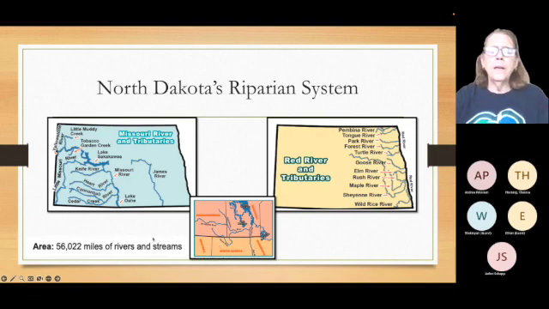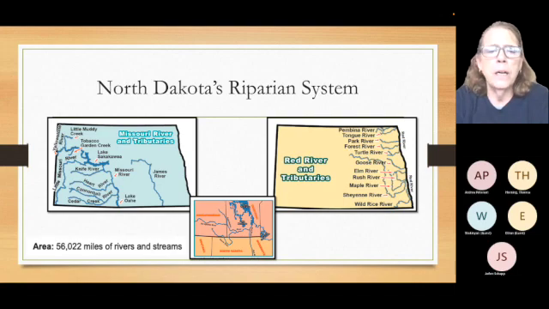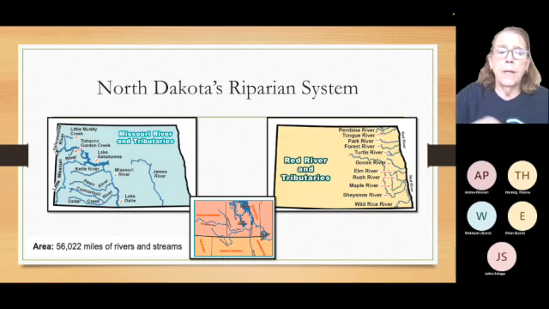Okay, so these pictures, by the way, came out of the North Dakota Habitat books. If you haven't had a chance to go online, just type in North Dakota Habitat books. There's one on wetlands and there's one on riparians, and it gives you a lot more information about how cool these rivers are and how important they are to our ecosystem here in North Dakota.